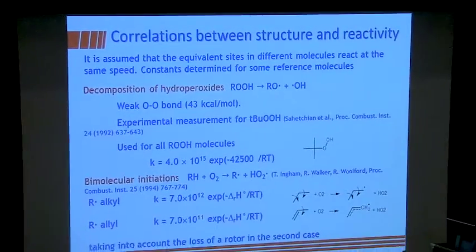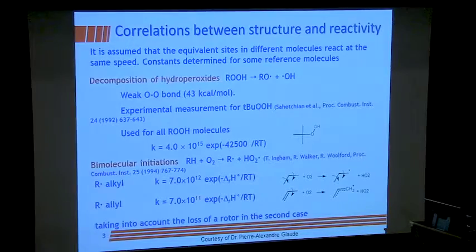Now, I spoke a little earlier and yesterday as well about correlations, like the Evans-Polanyi relationship. Typically, for stable alkyl hydroperoxide species, to break the O-O bond, the bond association energy is weak, 43 kilocalories per mole.